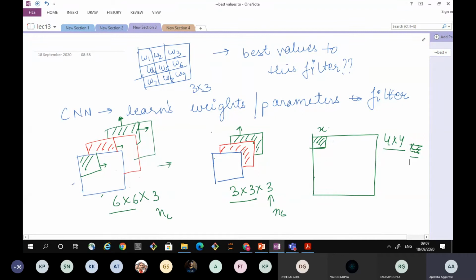Then we multiply these red 9 values with the red 9 values, we take the sum, and then we multiply with green value with this green value, and then, sorry, not the sum, we apply convolution.